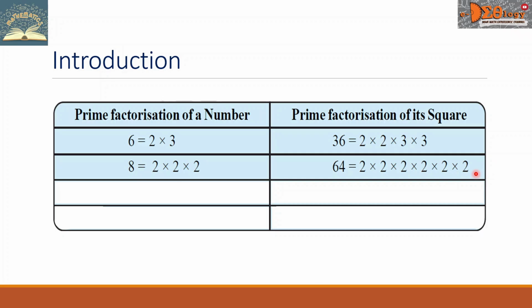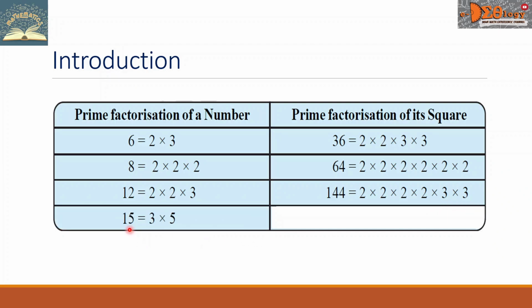Another example, number 12. The prime factorization is 2 times 2 times 3, while 12 square is 144, and the prime factorization is 2 times 2 times 2 times 2 times 3 times 3.